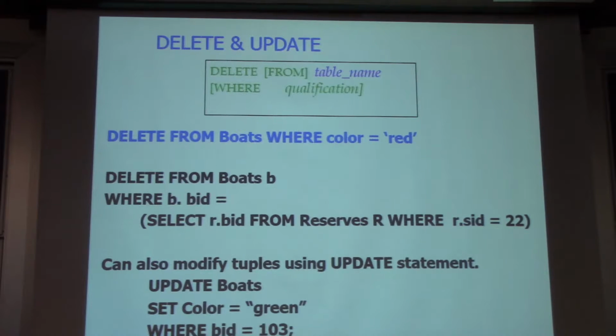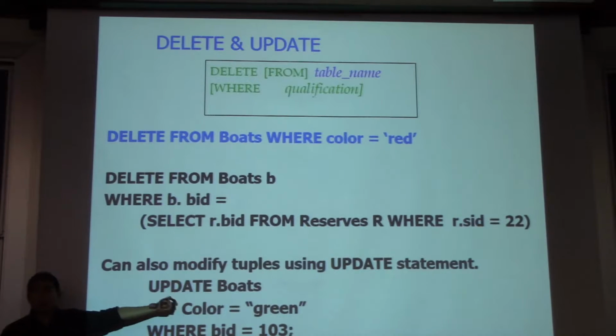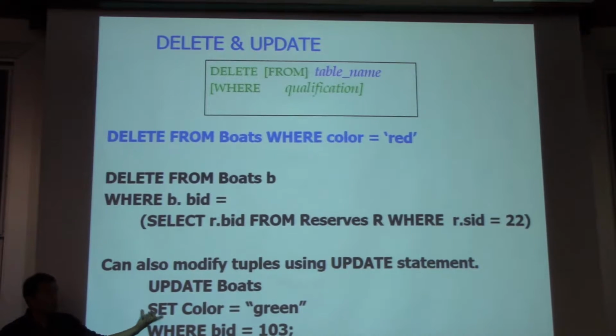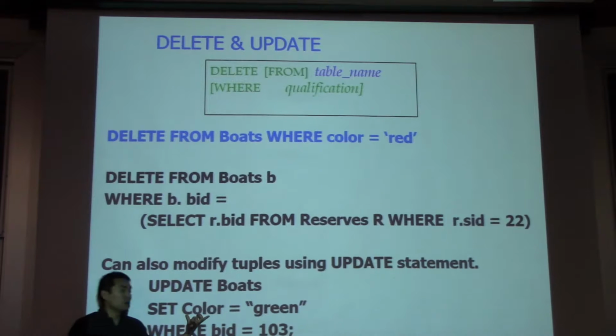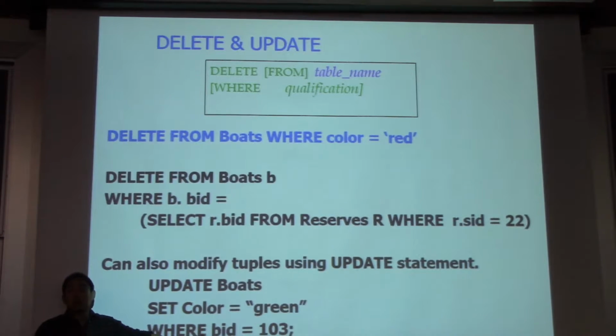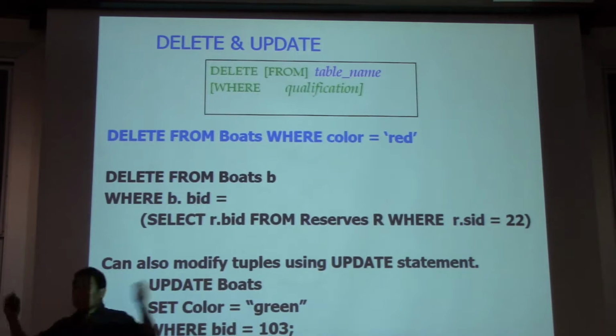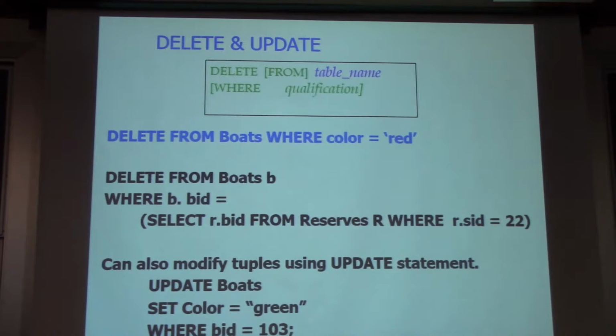You can also do update, followed by the table to be updated, using the keyword set with the attribute and the new value and the condition to specify which record to update. And here you can specify more than one attribute value pair. You can update multiple columns in one update statement.